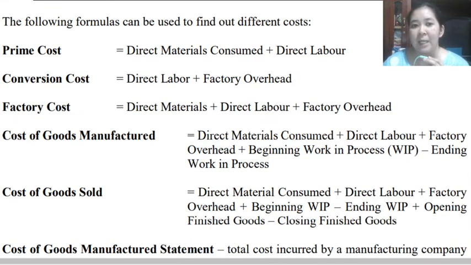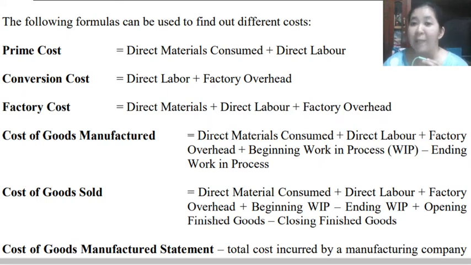For the cost of goods sold, this is the formula to determine the costs of production for your finished goods inventory. At the same time, this is also the cost that was already recognized during the period, because this cost pertains to the inventory that was already sold during the period.